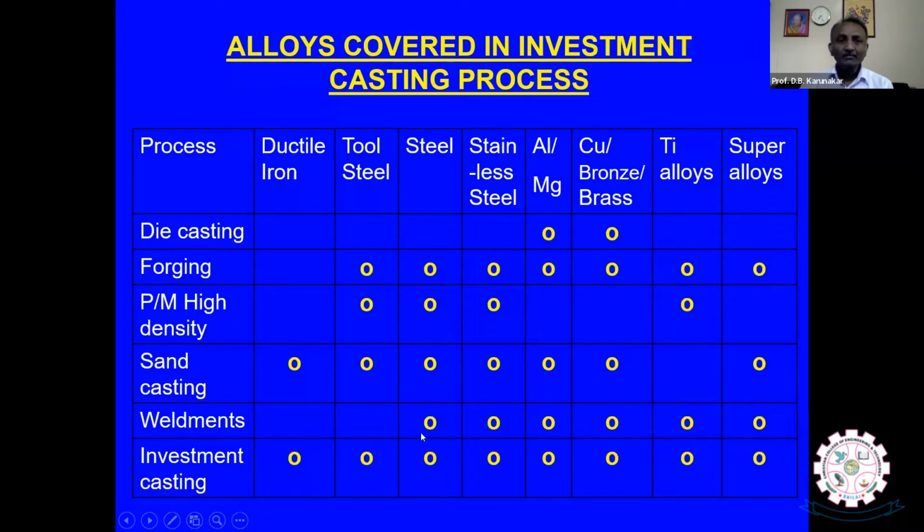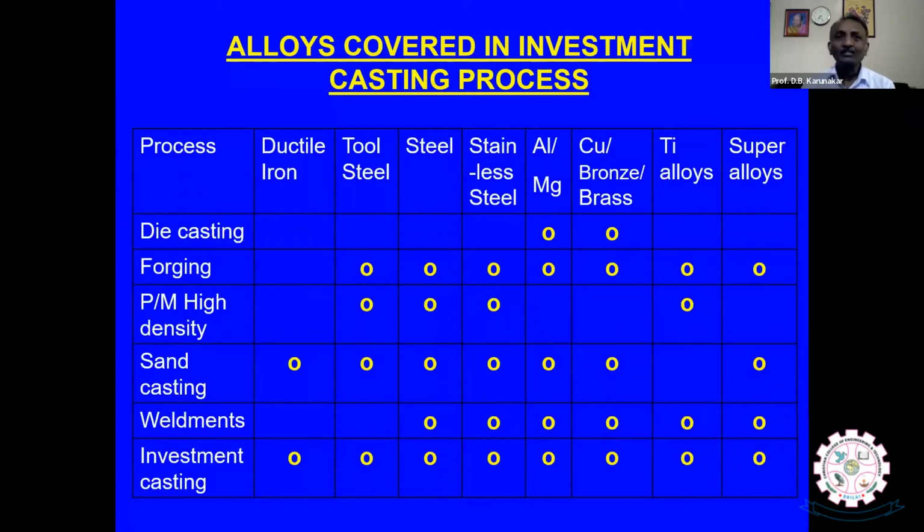And when it comes to welding, steel, stainless steel, aluminum, magnesium, copper, bronze, titanium alloys, and super alloys can be processed. What about tool steel and ductile iron? No, it is not possible. Now you see the specialty of investment casting. All alloys and all metals can be processed and manufactured.